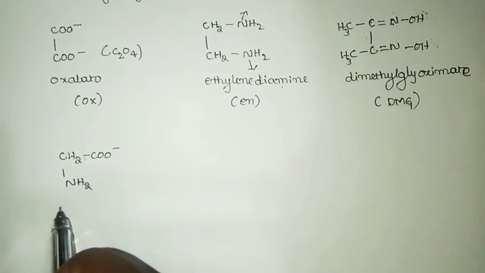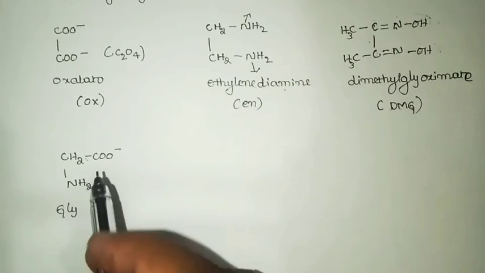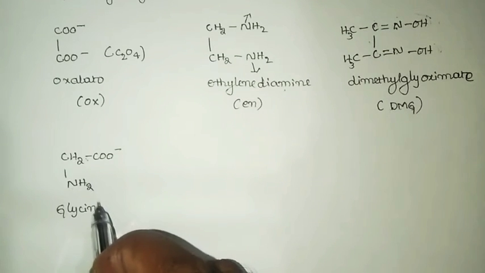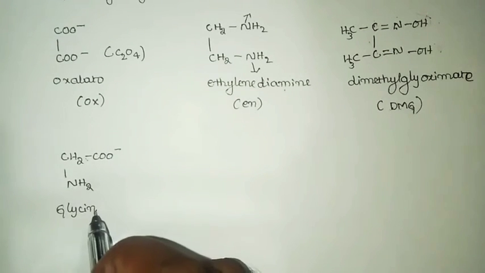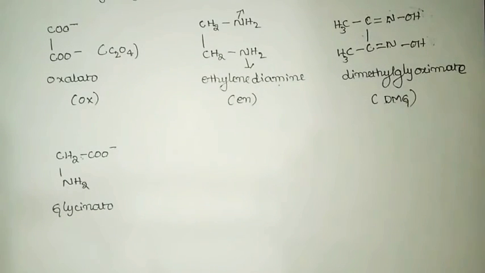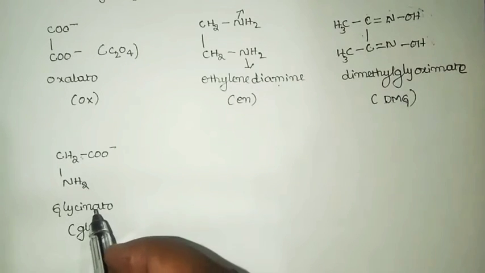Since it is an anion, so it is called glycinate. So glycineto. Since it is the negatively charged one, the name is ending with the letter O. So it is glycineto, and simply it is abbreviated as gly.